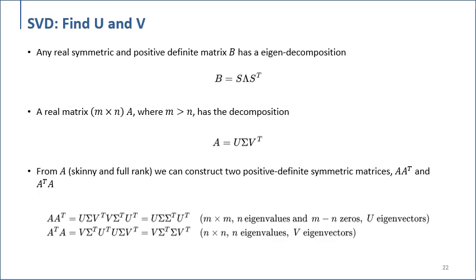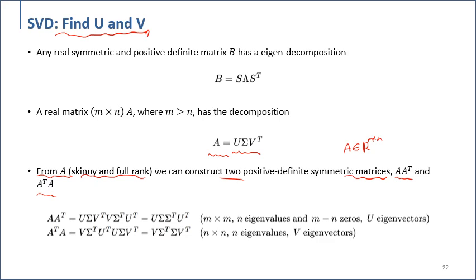Then the question is, how can you find the U and V vectors? By using singular value decomposition, any matrix A can be decomposed like U sigma V transpose. By finding these singular vectors and singular values, we can decompose any matrix. From A, we can construct two symmetric positive definite matrices by multiplying A A transpose and also A transpose A. As we know, A has the size of m by n.